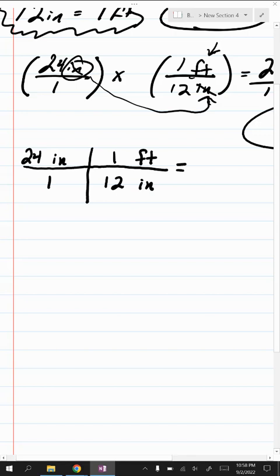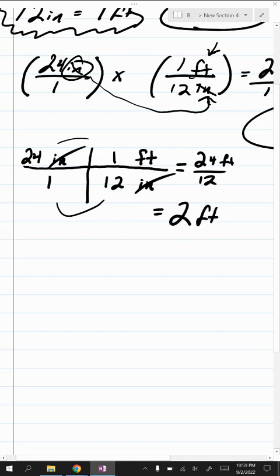So that's going to be equal to 24 times 1 divided by 1 times 12. So it's basically 24 feet over 12 because our units cancel. And that simplifies to 2 feet. So that's the gist of the T-chart.